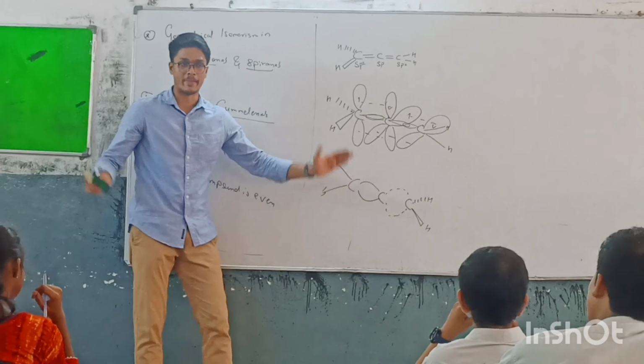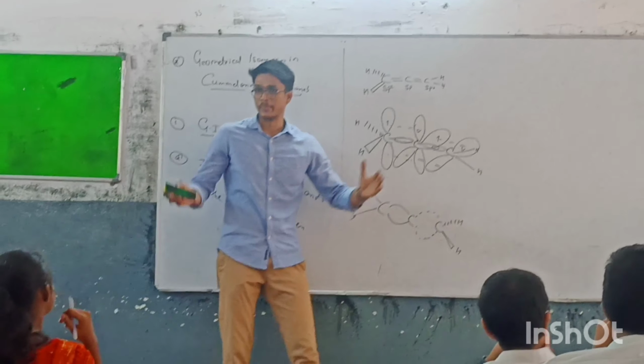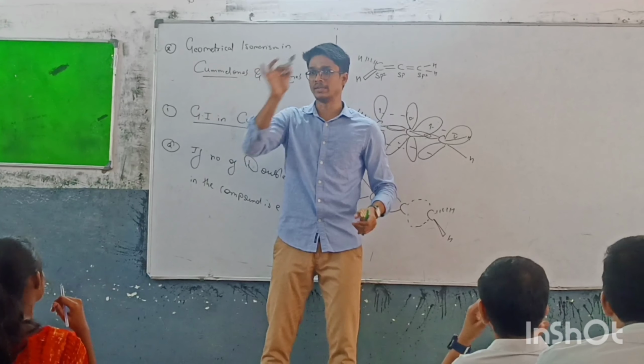One is forming a pi bond with the pz orbital and one with the py orbital. Since the py orbital is slanted, this is the pi bond.